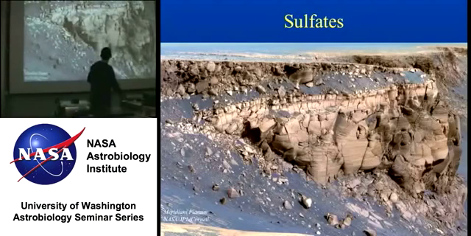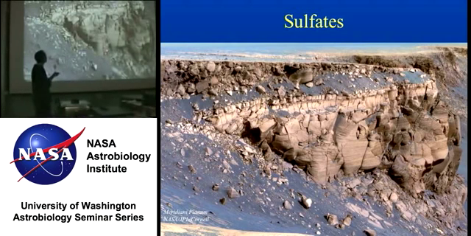Second composition, sulfates. This is a picture from the PanCam in Meridiani. I think this is Victoria Crater, showing the outcrop rocks that I'm sure you've all seen pictures of. Beautifully cross-bedded, essentially sandstones. And these are chock full of sulfates, as well as pyroxenes and silica and feldspars.